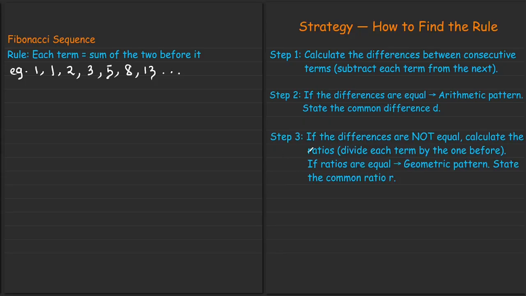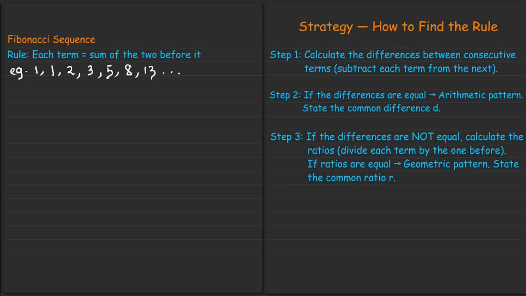If it is not an arithmetic pattern, then we want to check whether it is a geometric pattern. If it is geometric, then the common ratio we have, we represent with R. So take note of the difference here. If it is arithmetic and you finish finding your common difference, you name that D. But if it is geometric, you name it R.